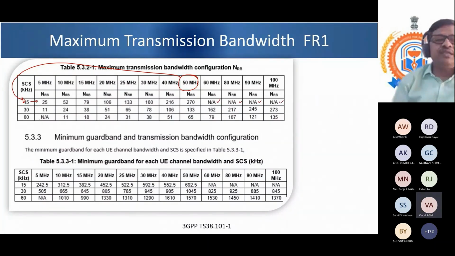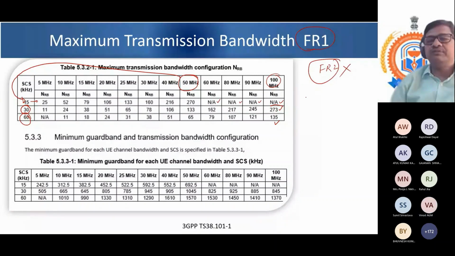If you have a 30 kilohertz sub-carrier spacing, you can use up to 100 megahertz channel bandwidth. Let's see this. Right. 100. And in 60 kilohertz sub-carrier spacing, also you can go up to 100 megahertz channel bandwidth. I'm talking about frequency range 1. I'm not talking about FR2. Please remember, this is not for FR2. I'm talking about FR1. That means all the frequency up to 7.125.